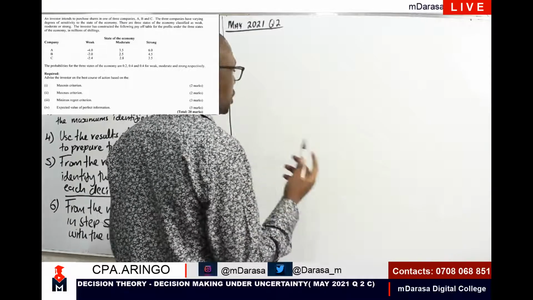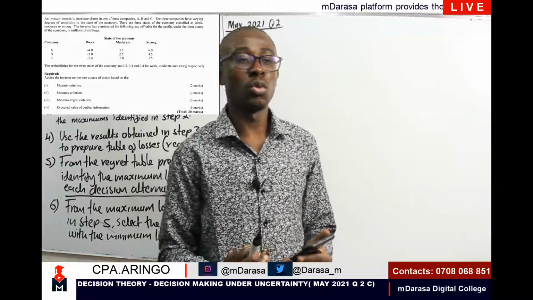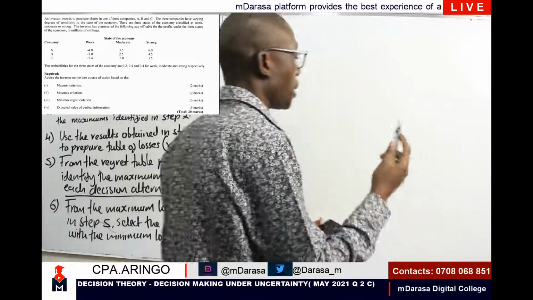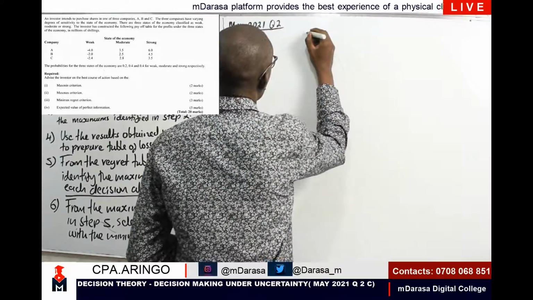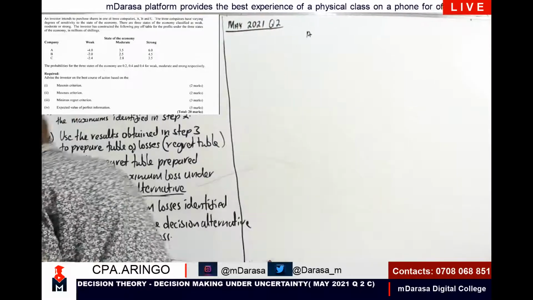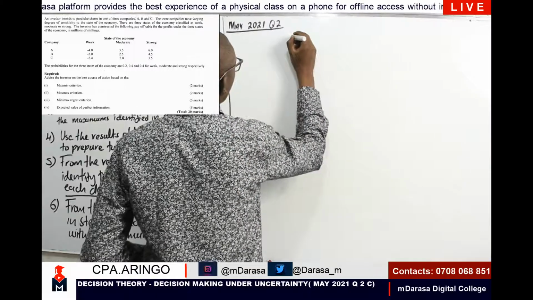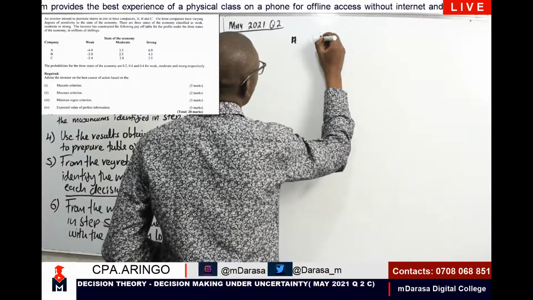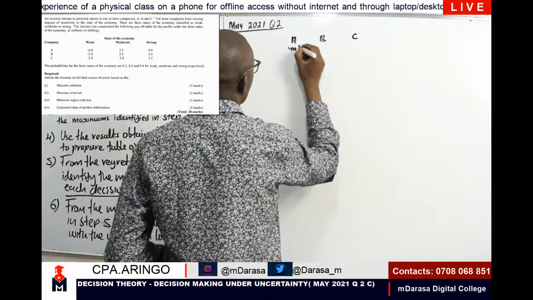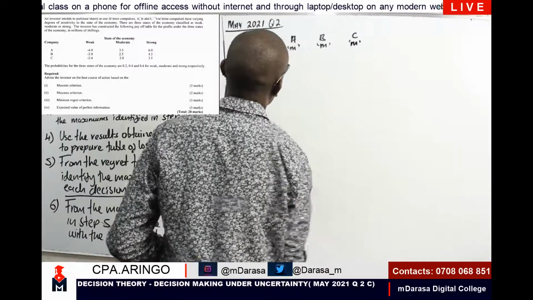Decision alternatives: we know very well that our decision alternatives are the companies that we should invest in as an investor. So I'm having company A, company B, and company C. The figures are given in millions; profits were in millions.